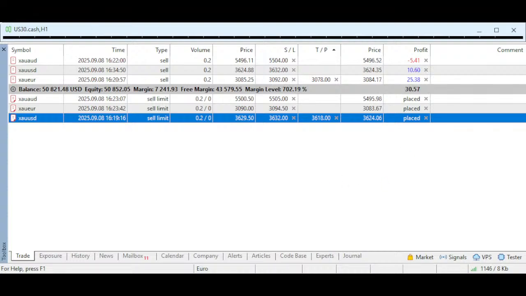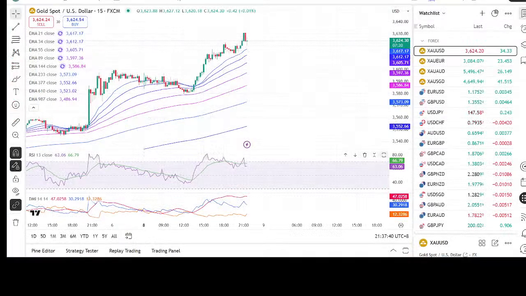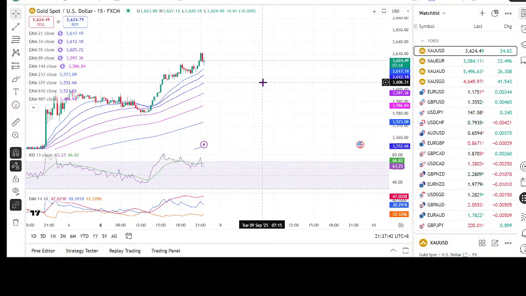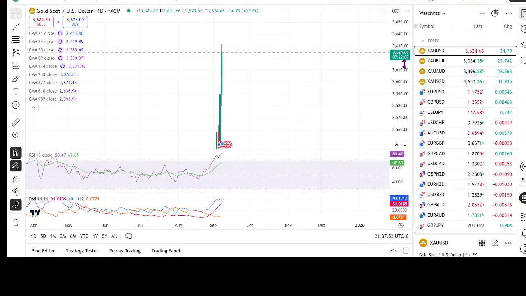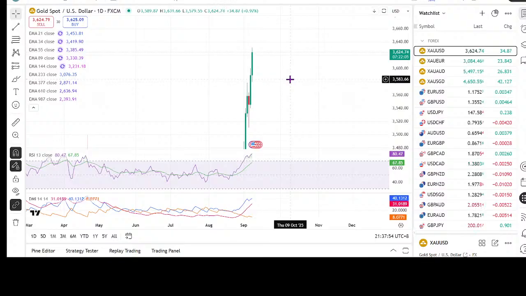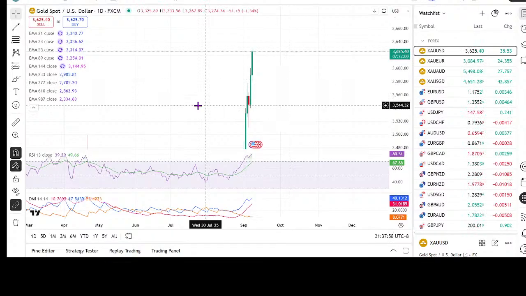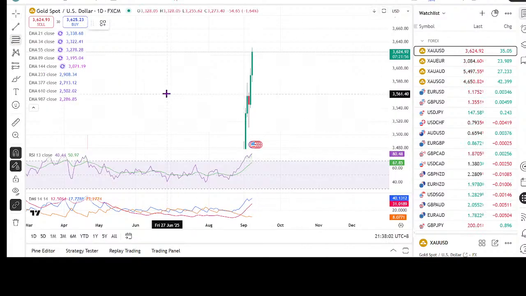Overall, again, this is not a major high. This is just a temporary high. So now let's project the day high, the hourly high, so at least we know where we stand and what our risk is going to be.